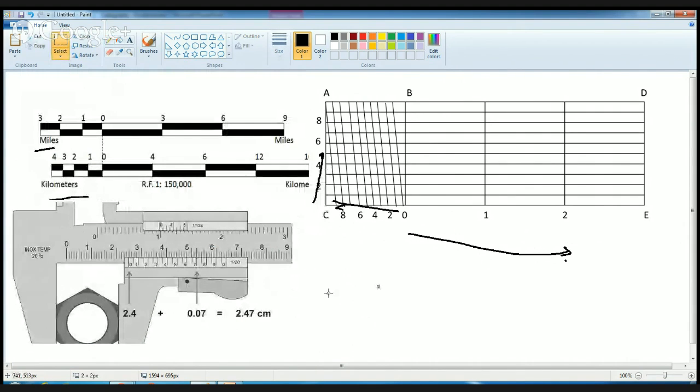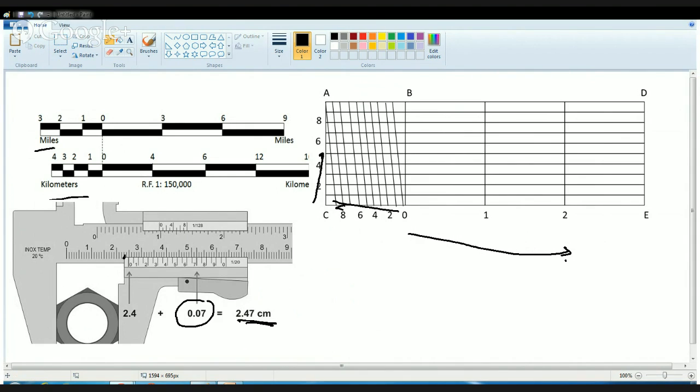In vernier scale, I want to understand this value. So I am measuring till here, so it's 2.4 till here. Then on the lower scale, it's 0.07. So if I add these values, the answer would be 2.47.